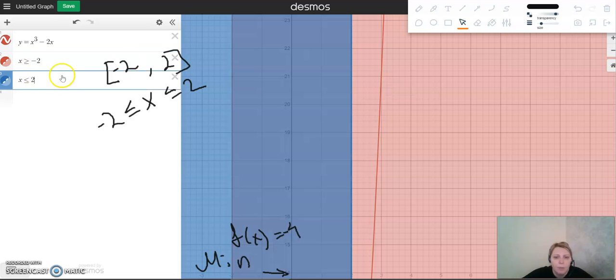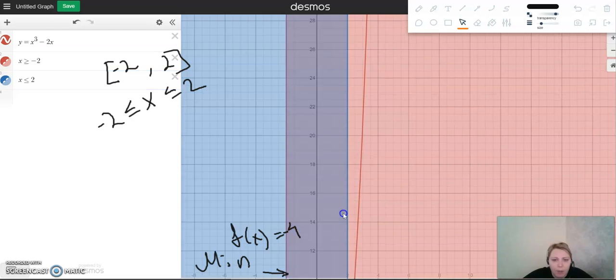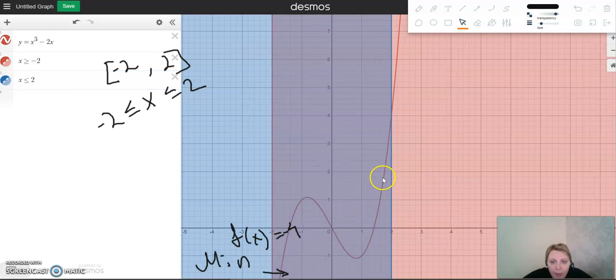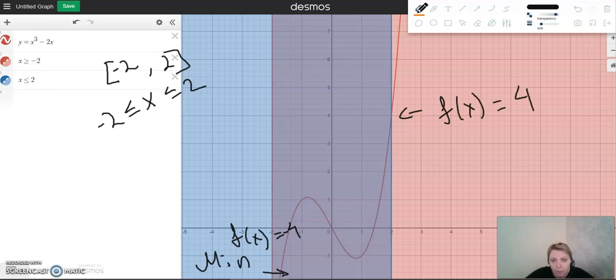Let's put 2. There we go. Now it makes more sense. So somewhere over here, where my function hits the edge, and I hit (2, 4), that is my max. So let's go ahead and write this down. This is my f of x equals 4, and this is, of course, my max.